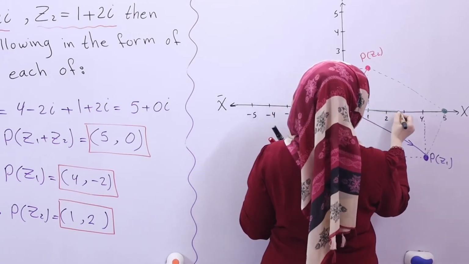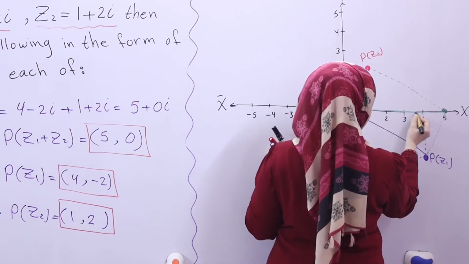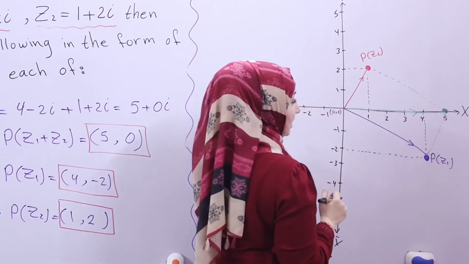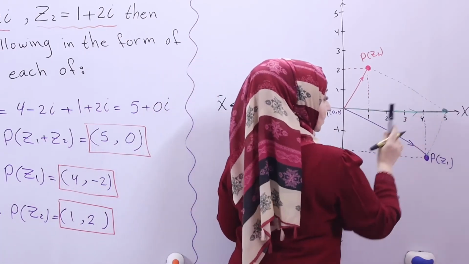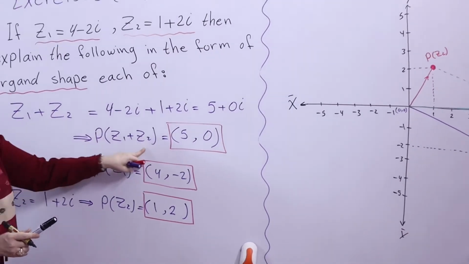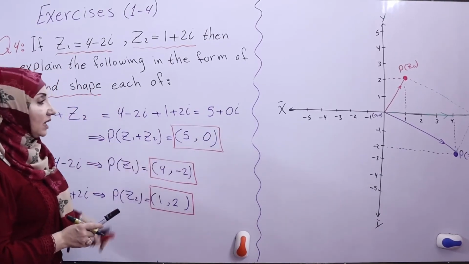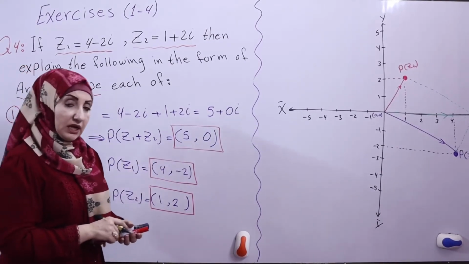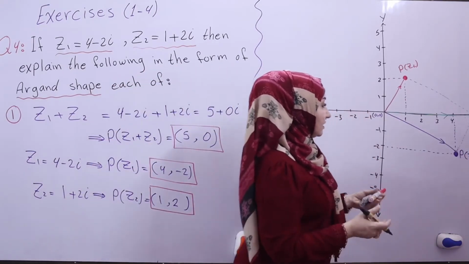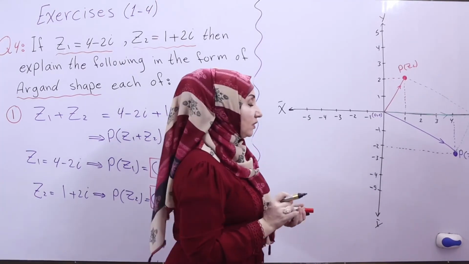the argand shape for the adding of the two complex numbers. هذا هو argand shape for the adding of the two complex numbers من خلال إكمال متوازي الأضلاع. لكن أنا عرفت هاي النقطة بالدقة من خلال جبريا، جمعت العددين Z1 زائد Z2 جبريا، طلعت لي هذه النقطة اللي تمثل حاصل تقاطع المتجهات المرسومة من ناحيتي المتجهين الأولين. نعم، إذا هذا صار عندي متوازي أضلاع، ومن صار عندي متوازي أضلاع أعرف أنني مشيت بالخطوات الصحيحة.